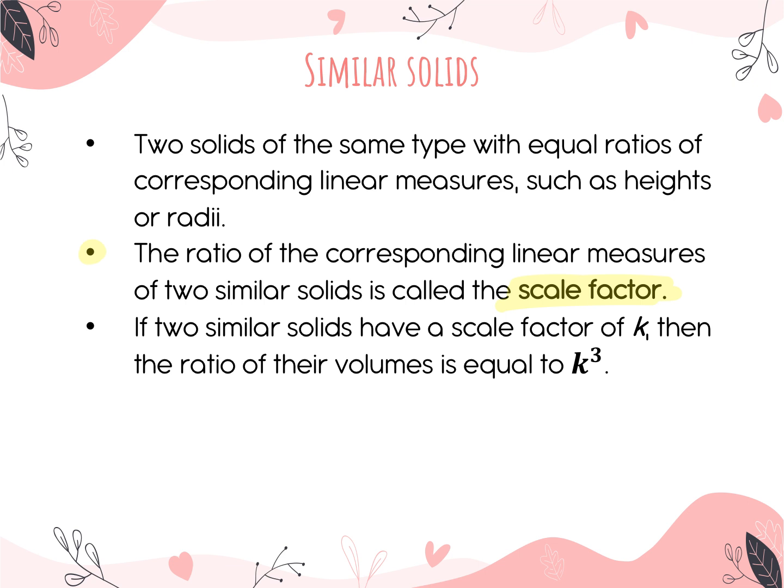If two similar solids have a scale factor of k, then the ratio of their volumes is equal to your scale factor cubed. So pay attention to that. I need to set their volumes up as a ratio and set it equal to the scale factor that is cubed.